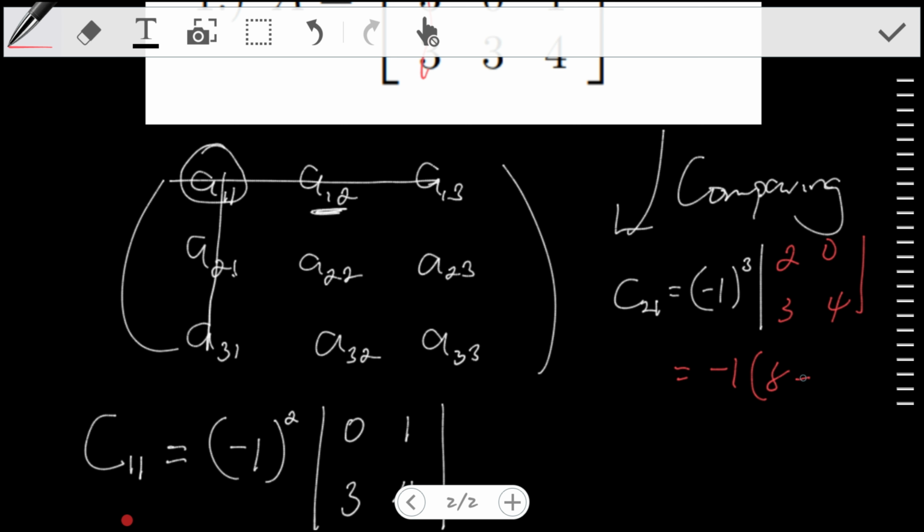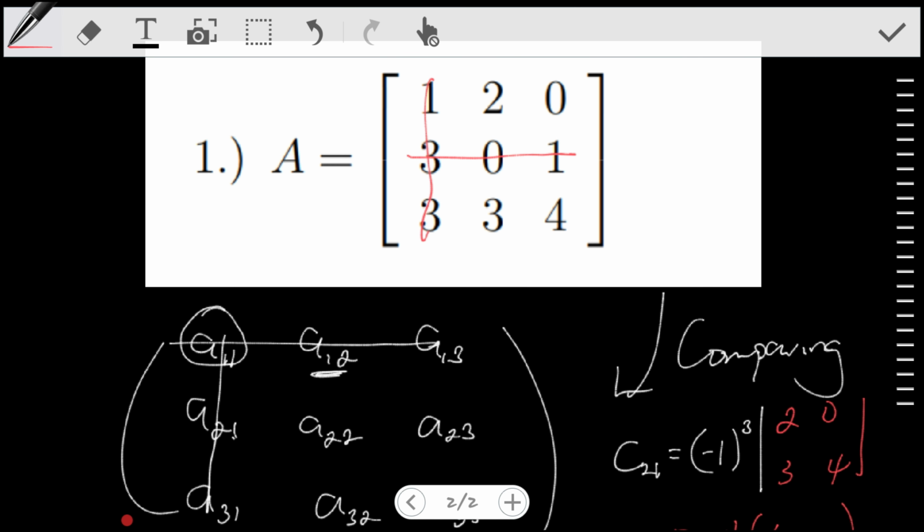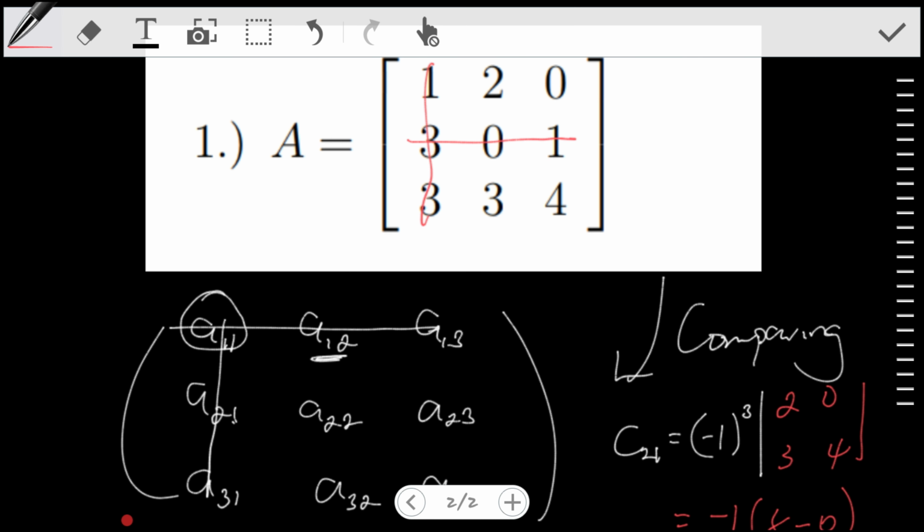Then minus, now 3 times 0, you're going to be having 0, of course. So this is going to be negative 8. So then let's go to now 0.